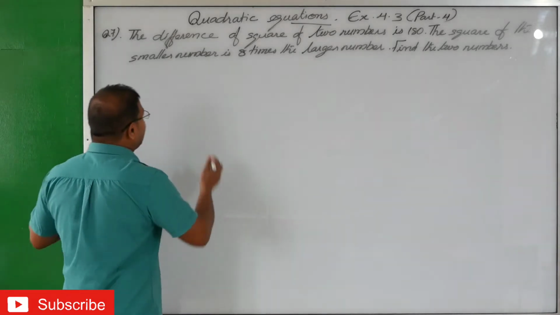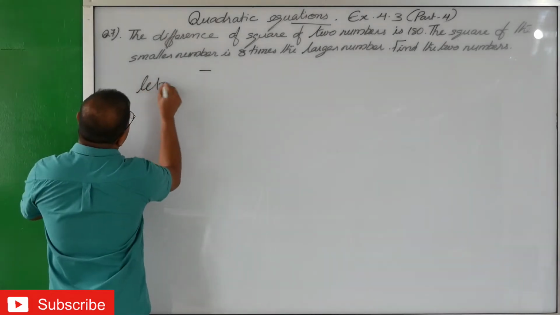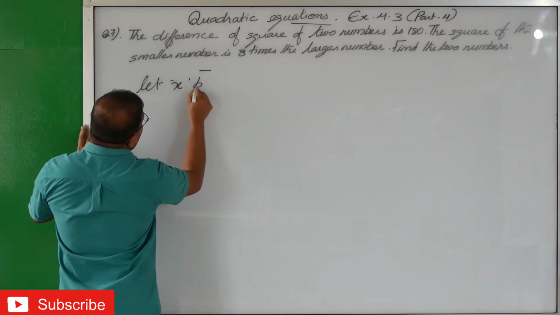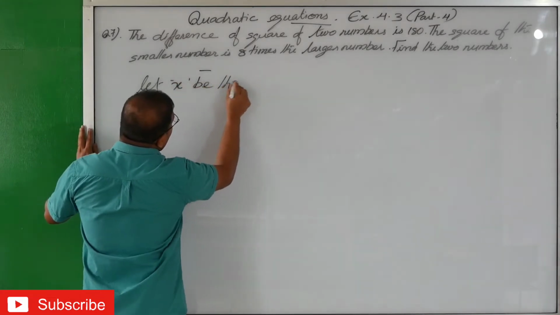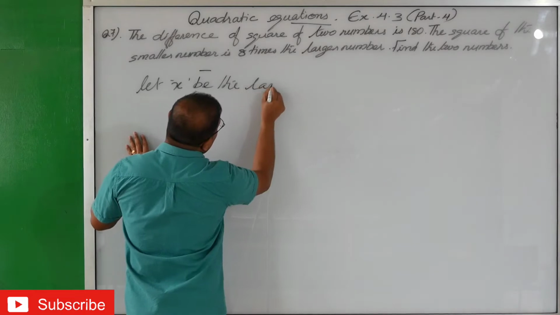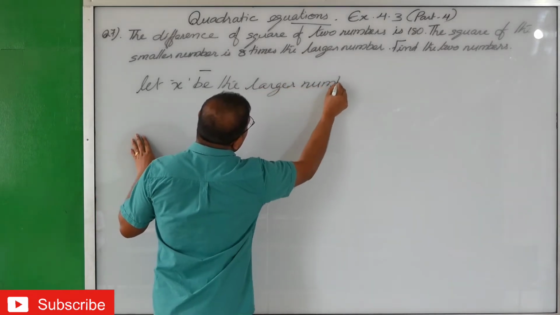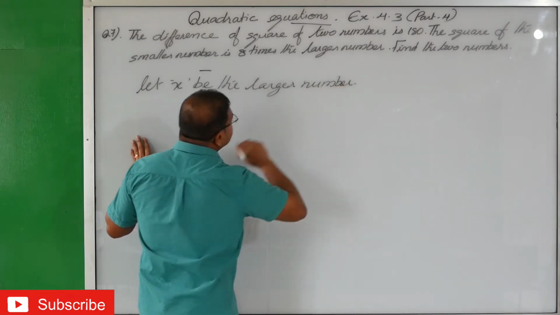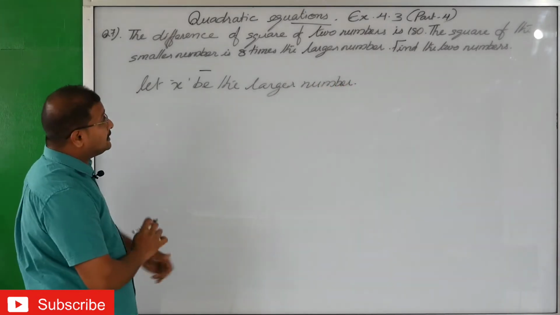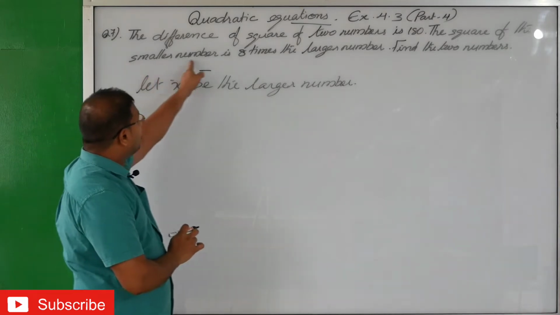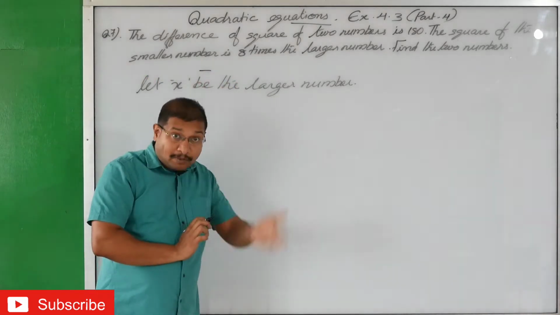Ready? So let x be the larger number. Now what is the condition? The square of the smaller number is, we don't know the smaller number, isn't it?